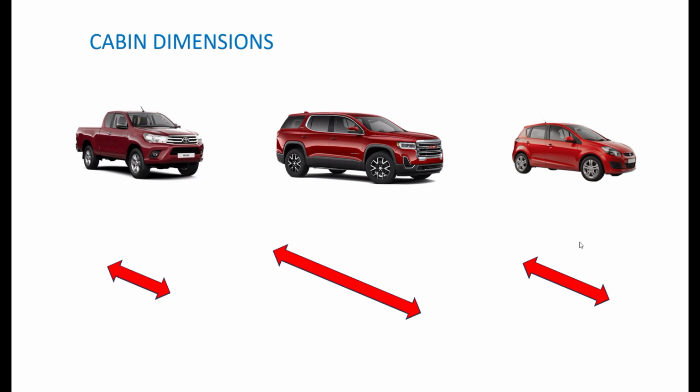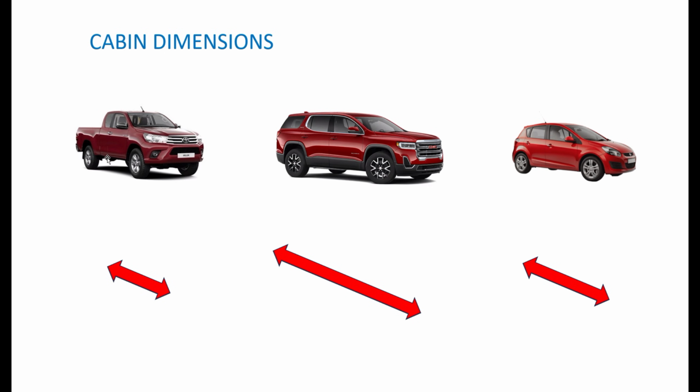But it's a much smaller car, so that distance is much smaller, right? And if you think about a single cabin pickup, the cabin length finishes just behind the front row of seats. From the rear window to the front windshield is a very small distance, maybe a meter and a half, something like that.